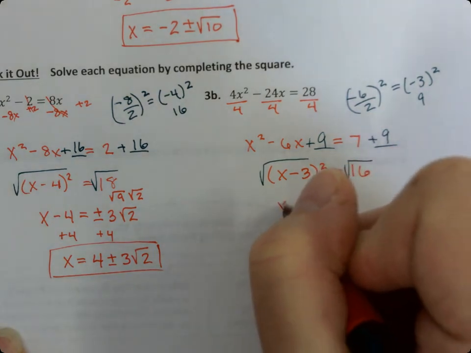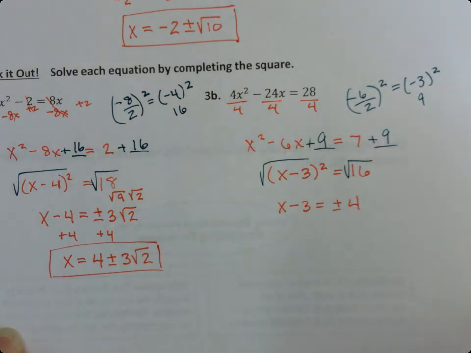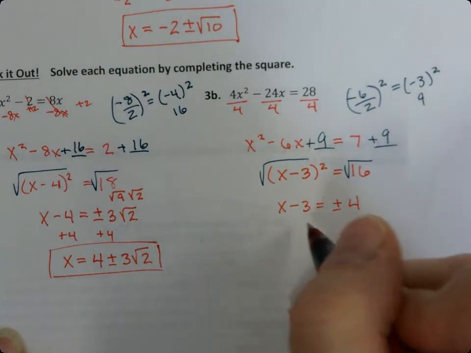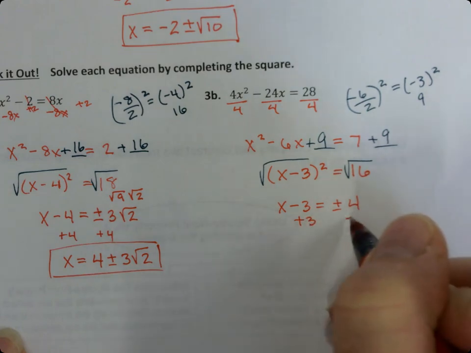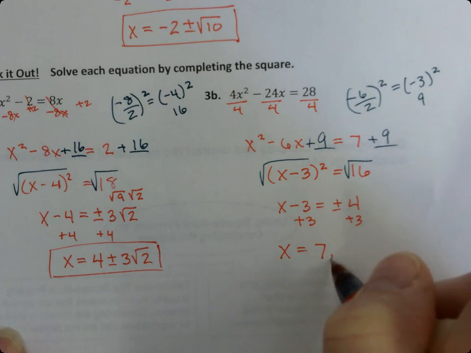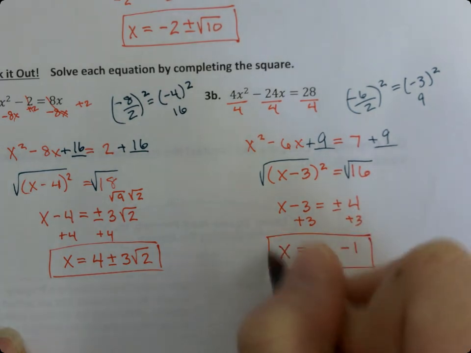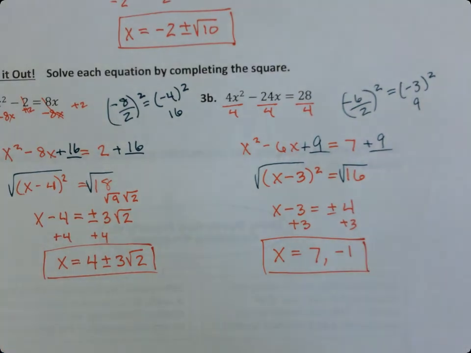So again, this is where we have to remember that plus or minus 4. And then if you need to show it and break it down, but I'm going to show it here. I'm going to have my positive 4 plus 3, which is 7, and my negative 4 plus 3, which is negative 1. And there are my two outcomes.